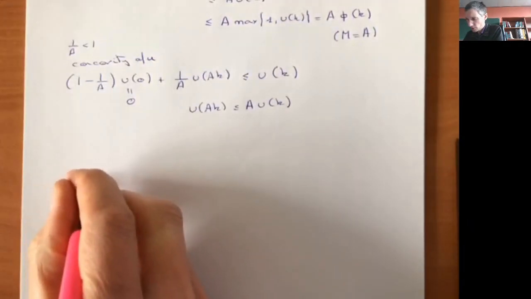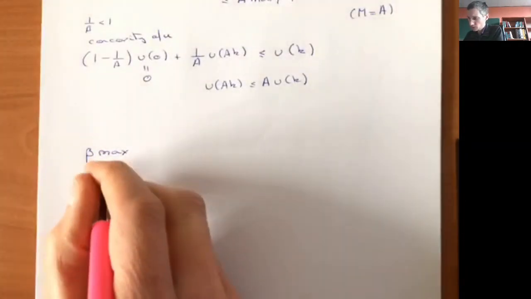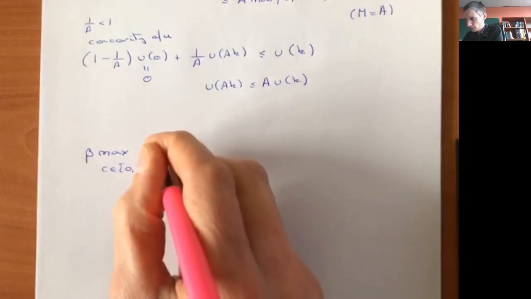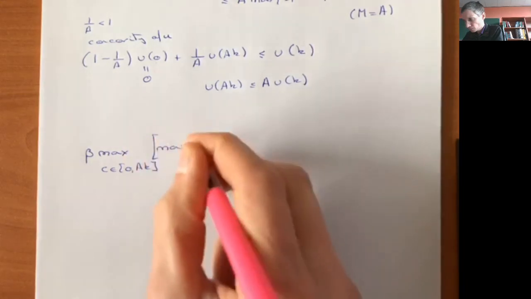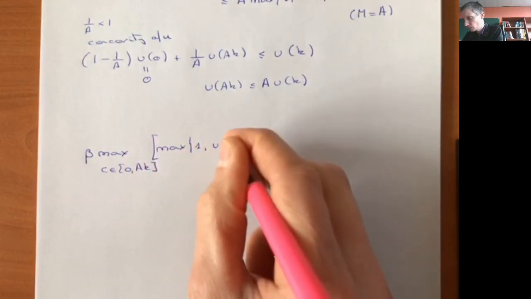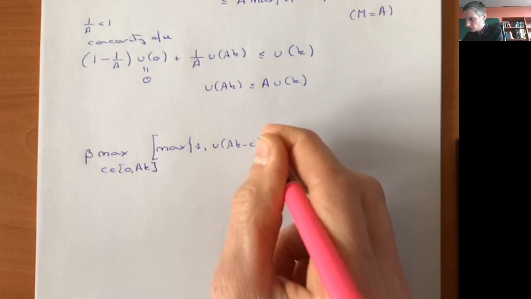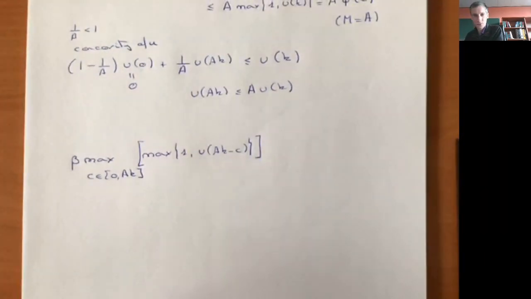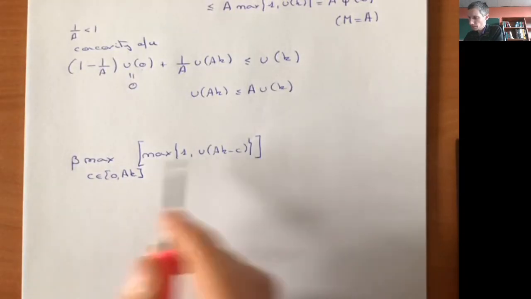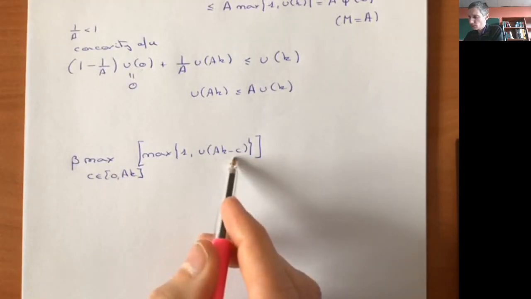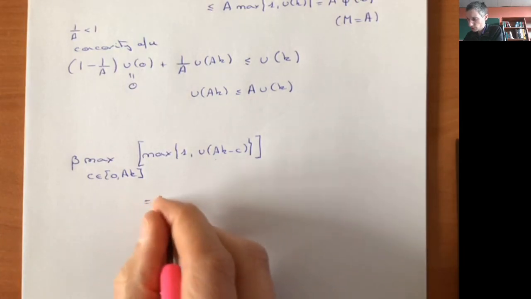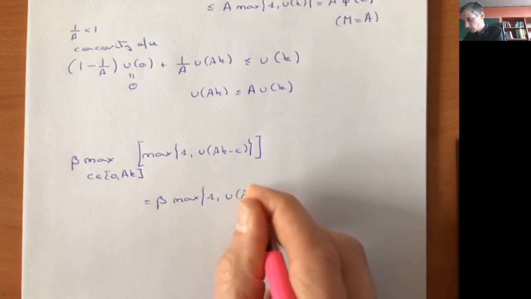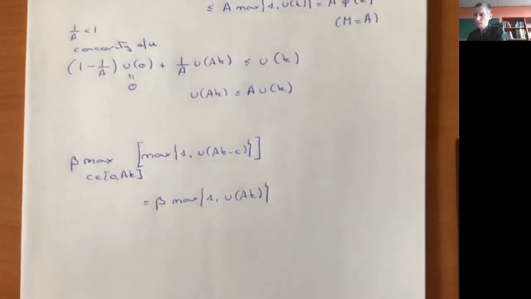For the second condition, I needed that beta times the maximum over c between 0 and ak of the maximum of 1 and u(ak) minus c. This was the left hand side. Again, the optimal value of c is equal to 0, so this is beta times the maximum of 1 and u(ak).